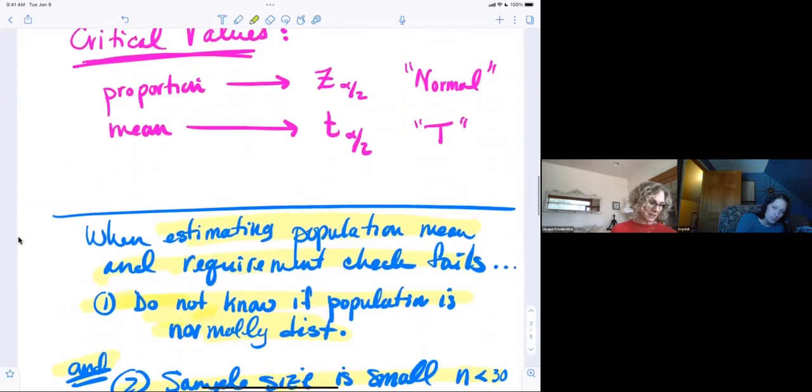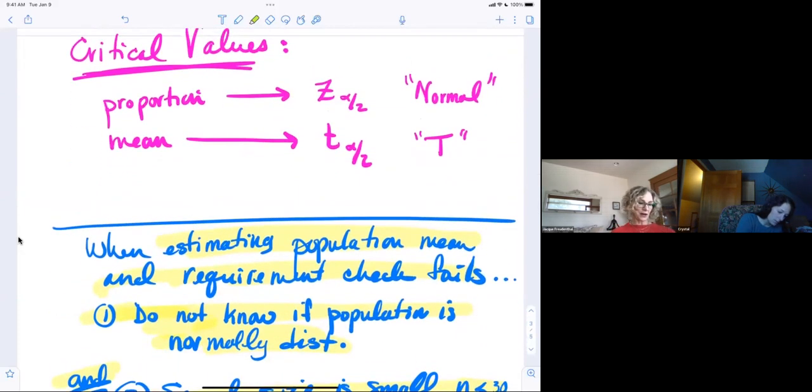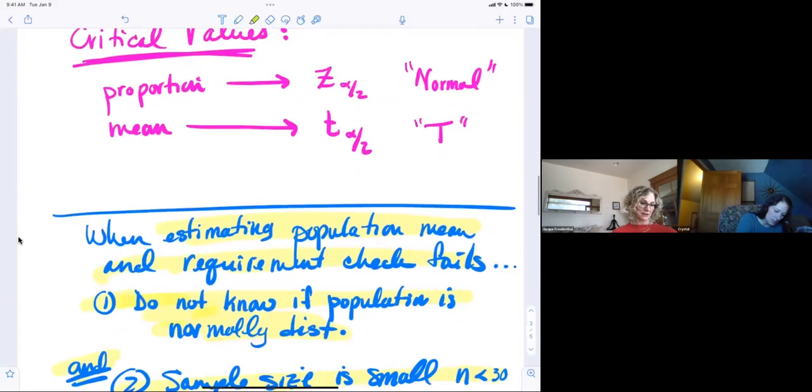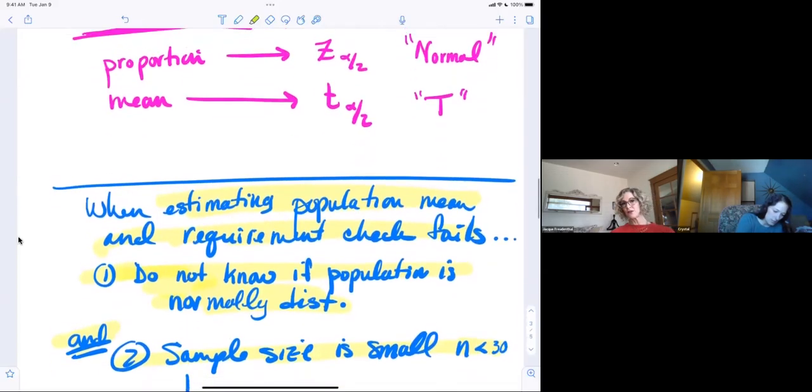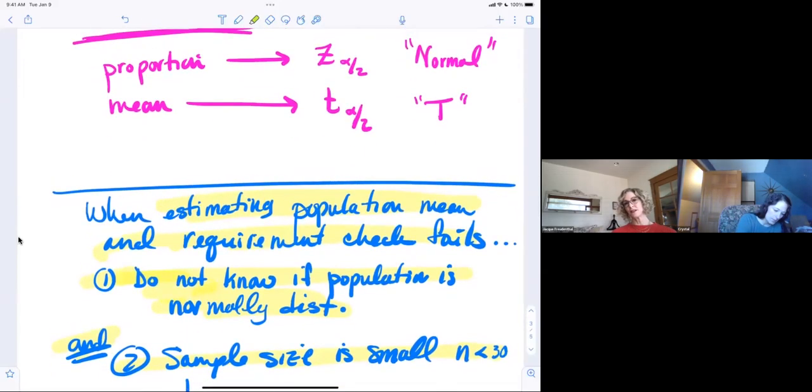When you're estimating a population and the requirement check fails, I'm talking about mean. So with mean, the requirements are, does the sample come from a normal distribution? Is the population a normal distribution? If you do not know that, you check the sample size.